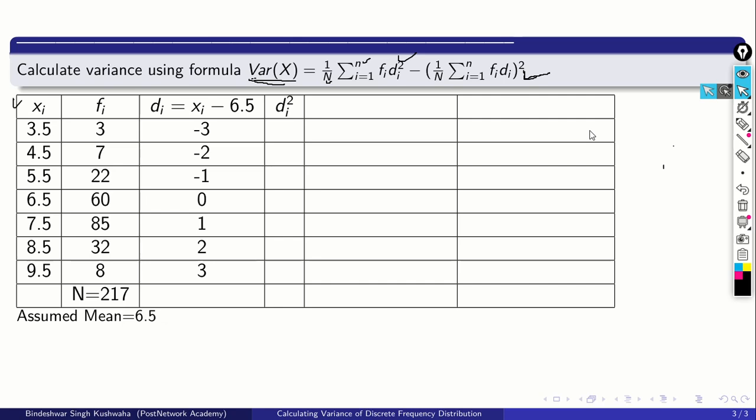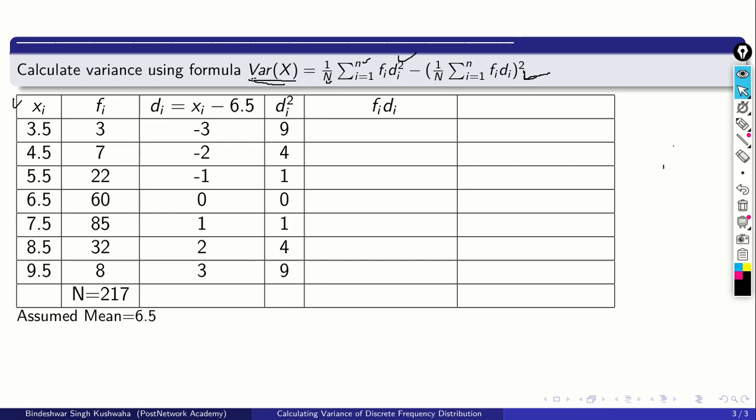So di's values, if you square them, would be 9, 4, 1, 0, 1, 4, 9.